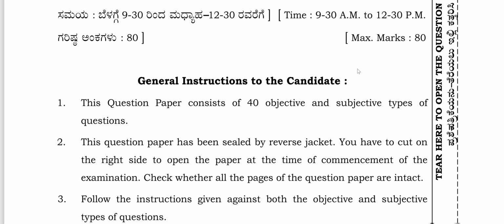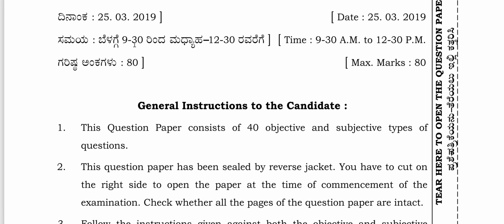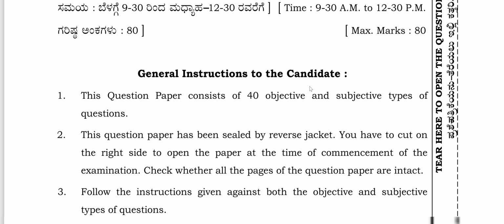At that time the duration was 9:30 to 12:30, but for the past 2 years the timings have been interchanged, from 10:30 AM to 1:30 PM. Due to the COVID circumstances the timings were interchanged, but let us see; most probably the timings may remain the same as before, 10:30 to 1:30.